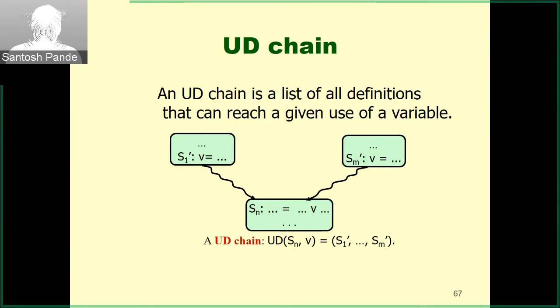If along any path you see any change, then you have a problem and you cannot use this for copy propagation. Is that clear?